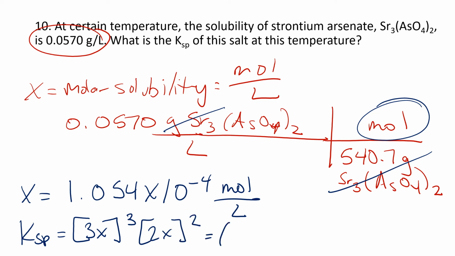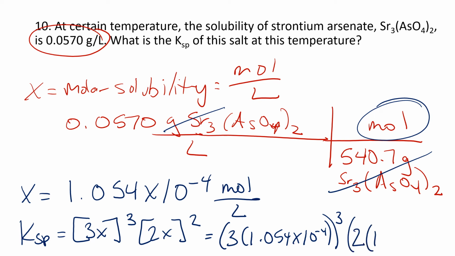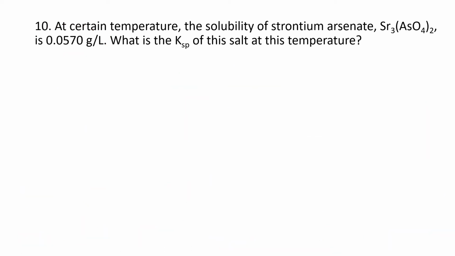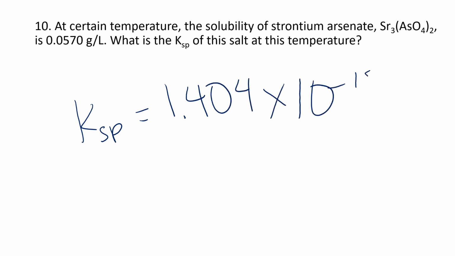So that's going to be (3 times 1.054 times 10 to the minus 4) cubed times (2 times 1.054 times 10 to the minus 4) squared. It's really important to make sure your parentheses are put properly for all of your math to make sense. When I plug everything into my calculator, I get a Ksp equal to 1.404 times 10 to the minus 18.